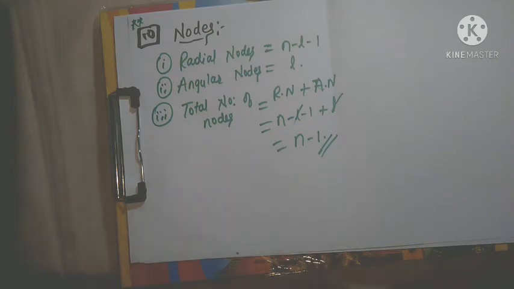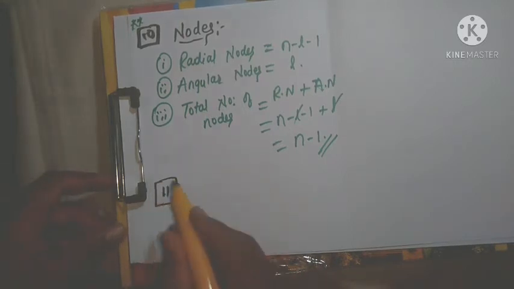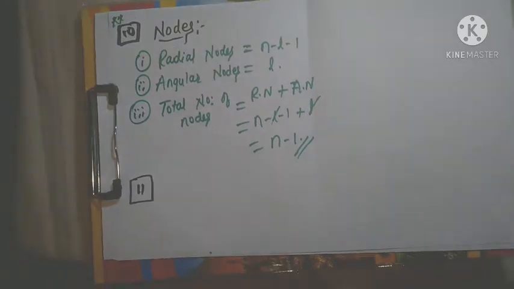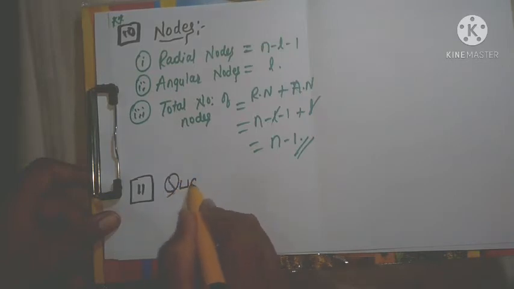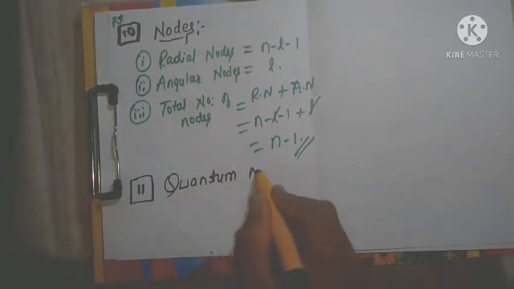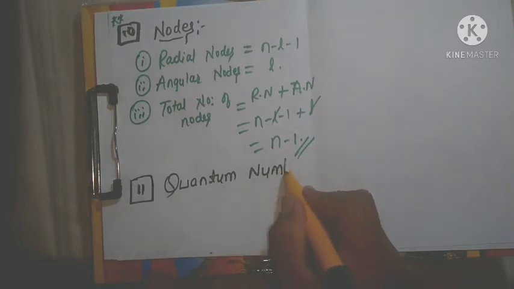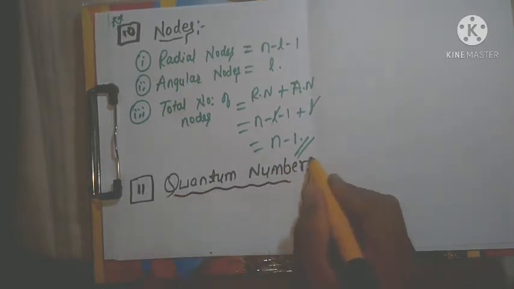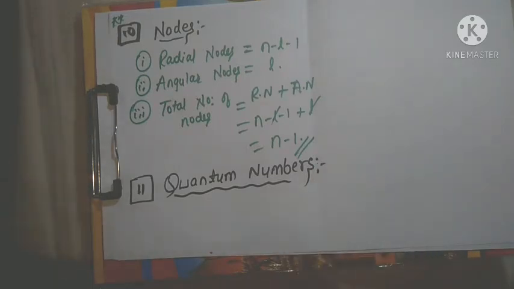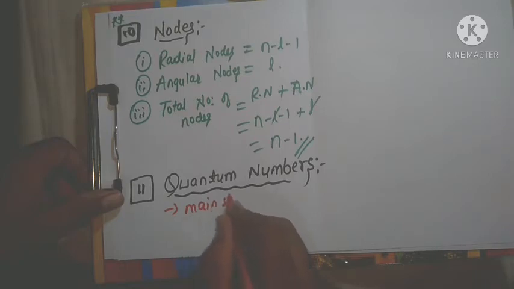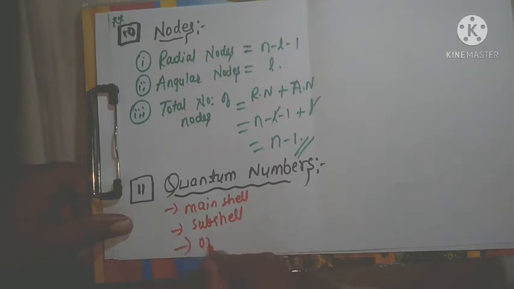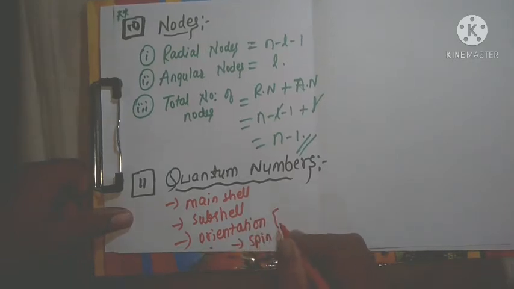Next, the 11th one is quantum numbers. Now you already know quantum numbers help to identify the main shell in which the electron belongs, the subshell in which the electron belongs, the orientation, and also the spin orientation, and the number of orbitals.